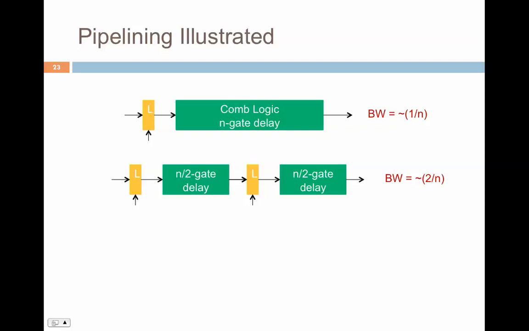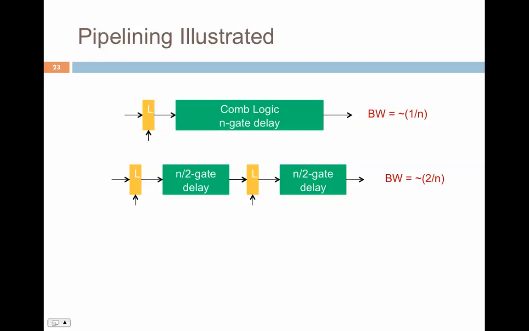Now what we have added here is a latch, which is shown as an L. A latch is a component similar to a flip-flop, where on applying a certain signal, the input arrives at the output. So you generally apply a clock. When the clock is rising or falling, the input value that is available at the latch arrives at the output, and the next n by 2 gate delays can work.